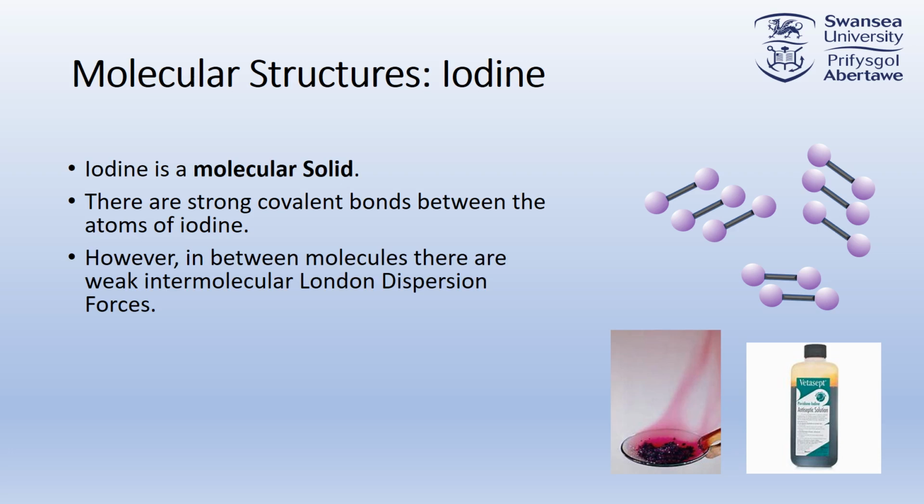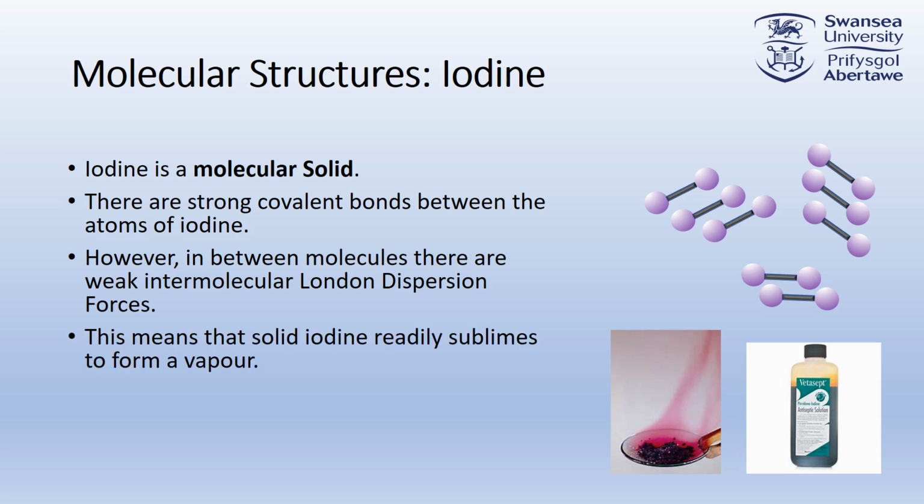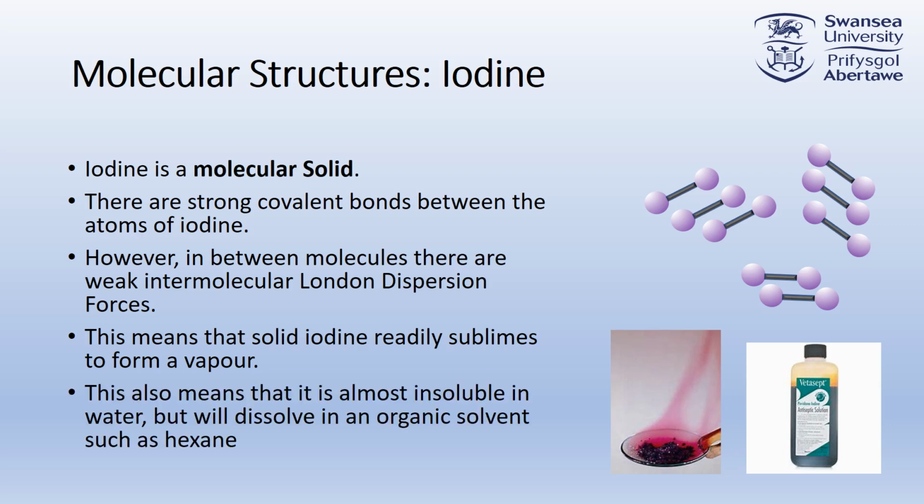So we've just got dispersion forces, and it's a very non-polar molecule. This means that if you warm iodine up, as we've got here, it will readily sublime from its solid to gas state. Because iodine is non-polar and its only intermolecular forces are dispersion forces, it's very nearly insoluble.